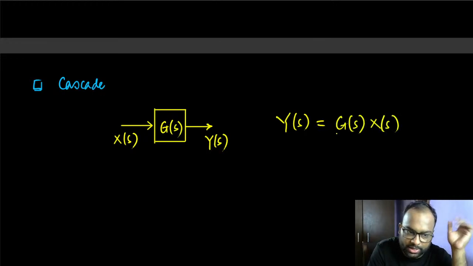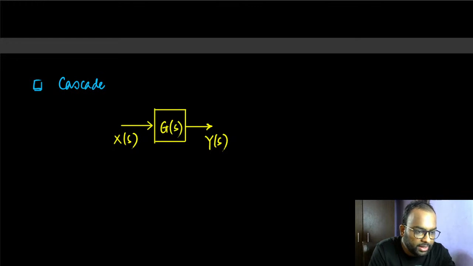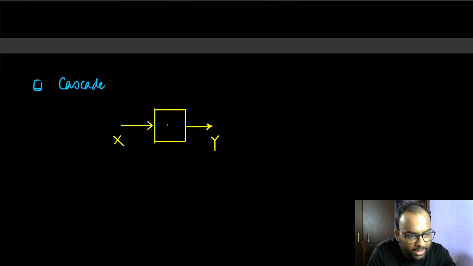That's a very easy thing to understand here, I hope. But let's say that instead of G(s), this is G1, some other transfer function. So this is X and Y. In that case, of course, Y would be G1 X. Pretty simple to understand, right?